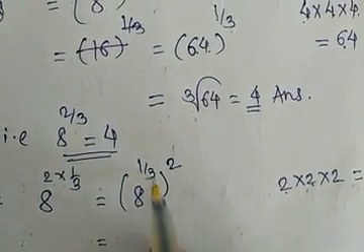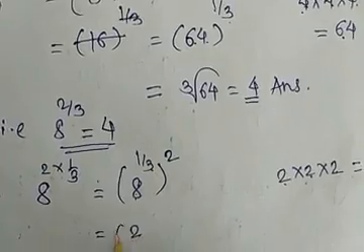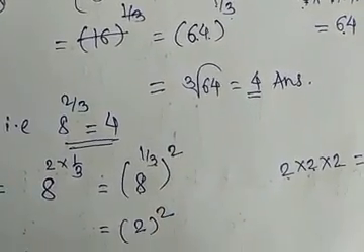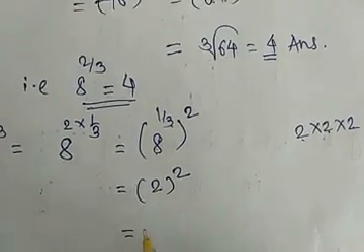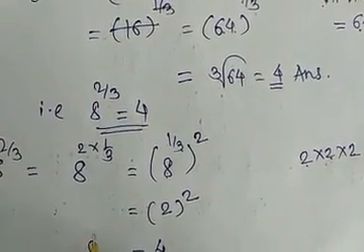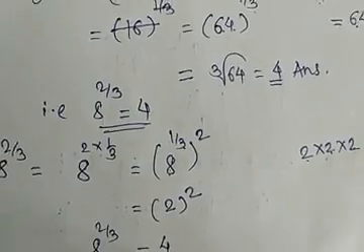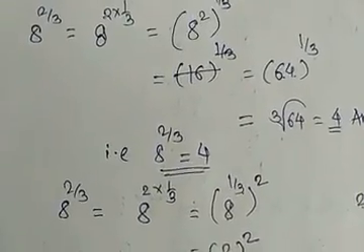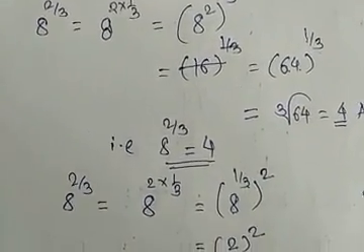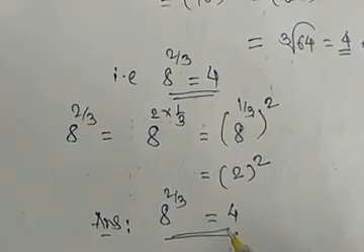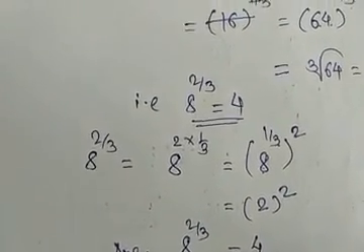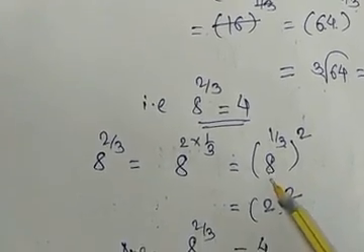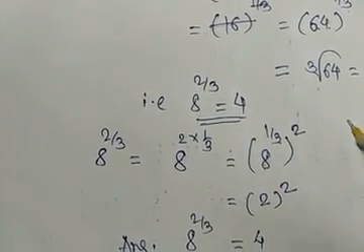So 8 raised to the power 1 by 3 is 2 and its square is 4. So we get 2 square is 4, which is our answer for 8 raised to 2 by 3. So by both methods we get the same answer. Okay, depends on our base, you have to choose which method to use.